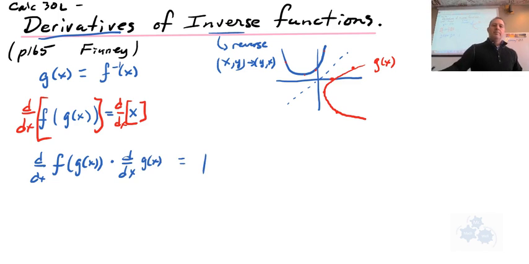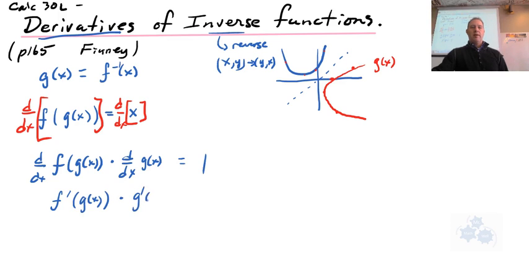And the other side equals 1. I'm going to change the notation because all of this d over dx is going to get a little bit complicated. I'm going to write this now as f prime of g of x times g prime of x equals 1.